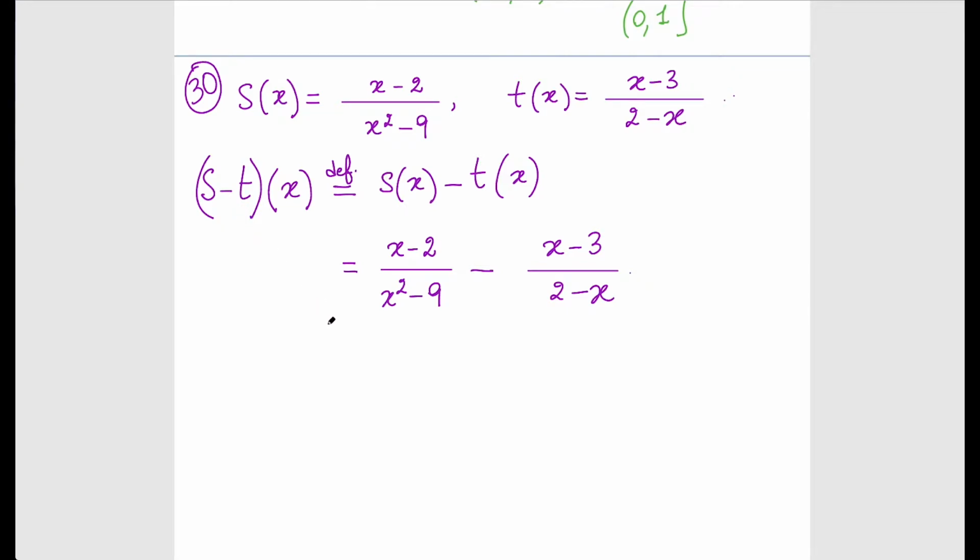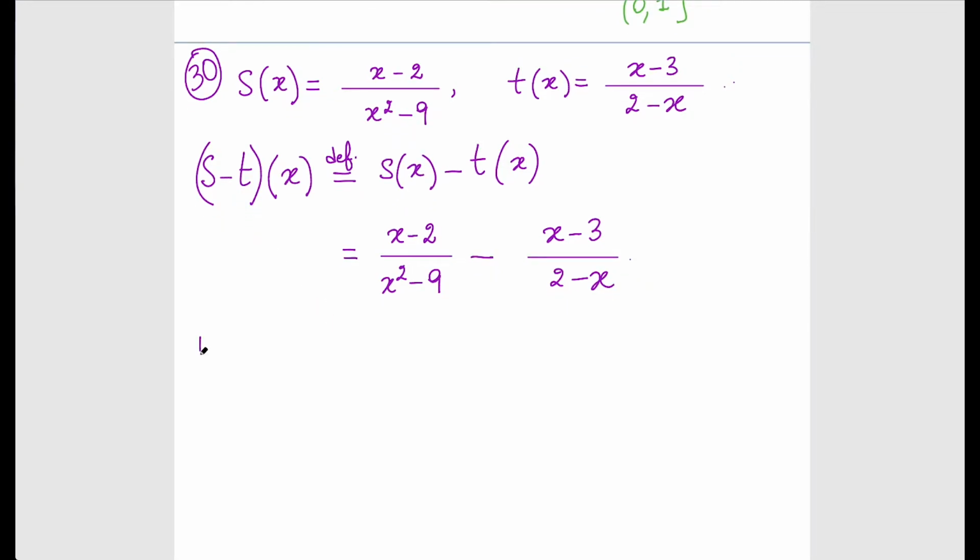It remains to find the domain of that difference function, the domain of s minus t. Because the output of the difference function is made up of the difference of the respective outputs, I need each one to make sense, which means x should be in the domain of S and in the domain of T. So the domain of the difference is the intersection of the domains of the functions involved in this difference.